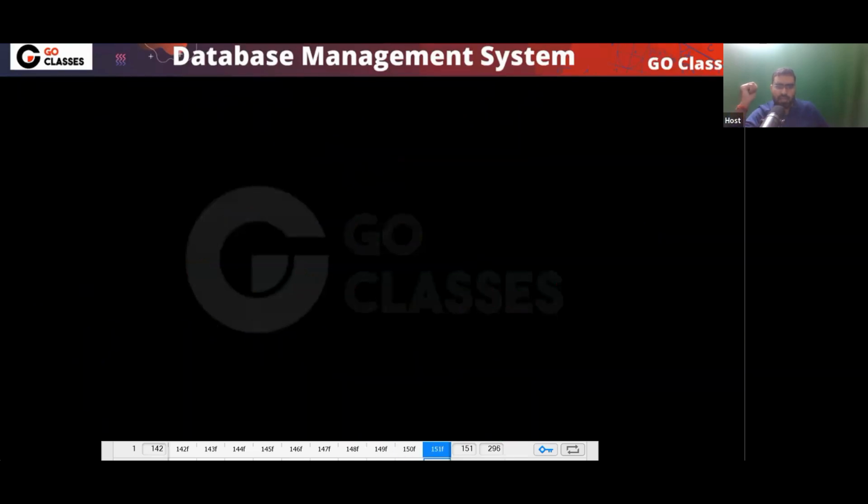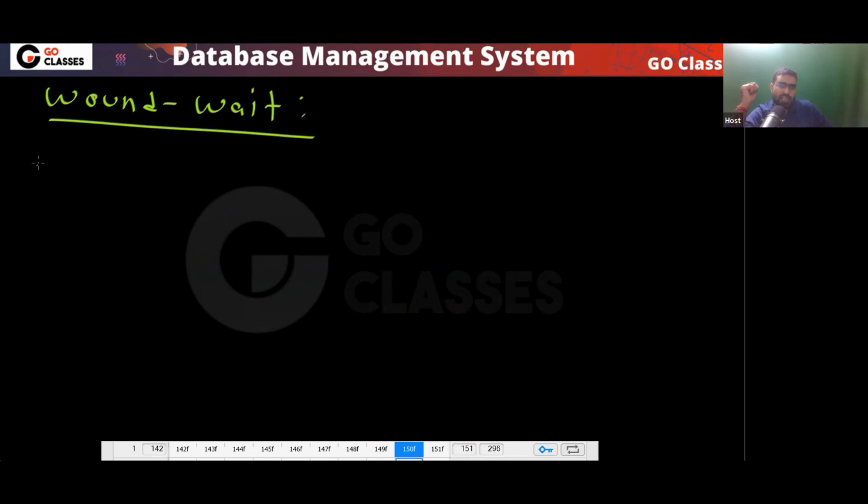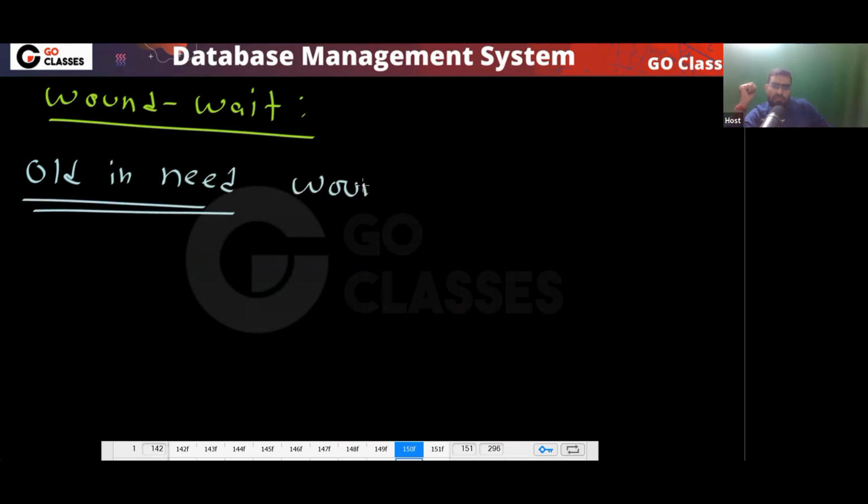So again, you can notice in this wound-wait, what happens? Very simple approach. These are interesting, right? Even reading them is interesting. Once you understand them, they are very interesting. What wound-wait says is that old in need wounds, aborts, young.